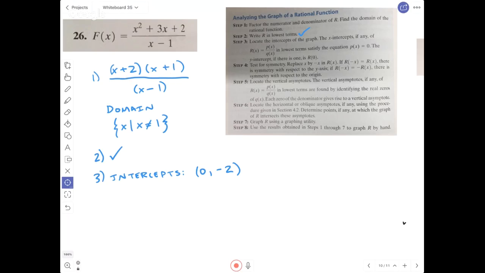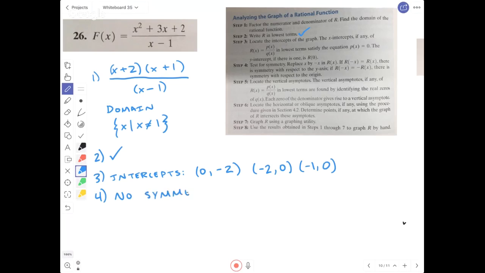And if I plug in negative 1, I'll get 0. So negative 2, 0, and negative 1, 0. And step 4, no symmetry. I can tell that really quick, like these aren't the same on both sides of the y-axis. I can't have symmetry. Cool.